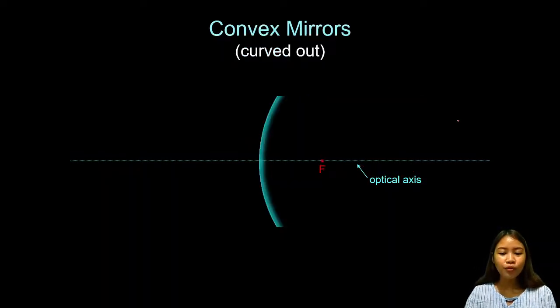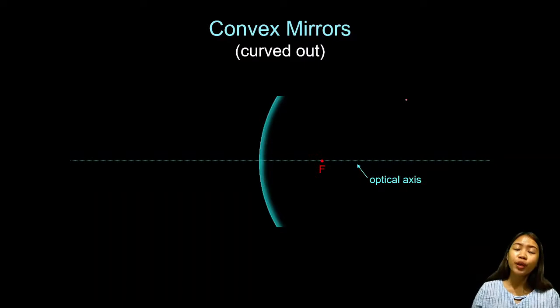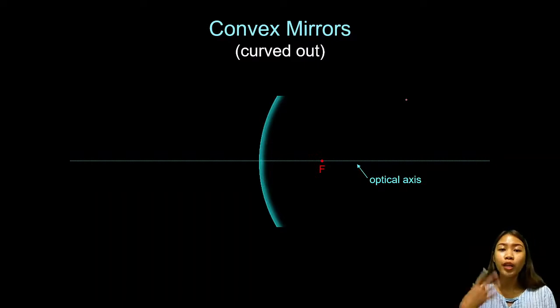Okay. Now, let's move on to the convex mirror. So, how can we know that it is a convex mirror? According to this, it is curved out. So, earlier, in the concave mirror, the object is you, you need to be inside the cave. This time, we will see later what happens.